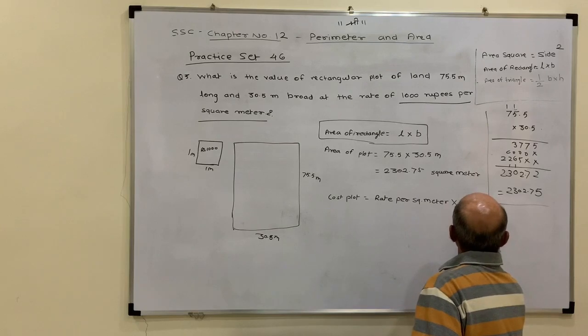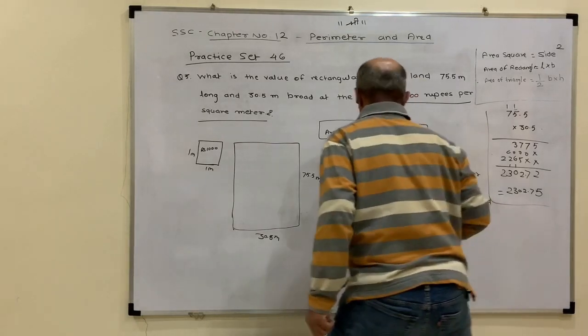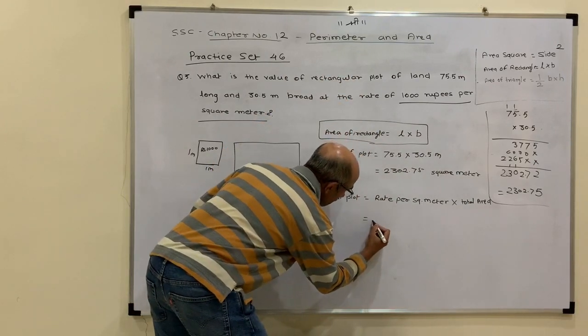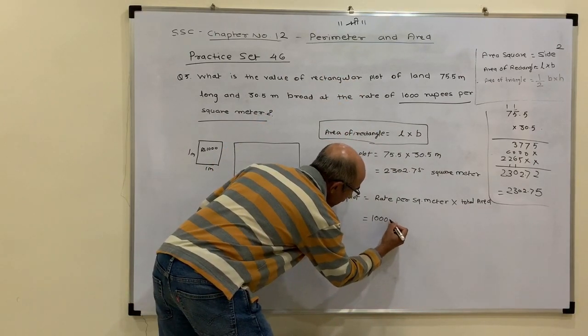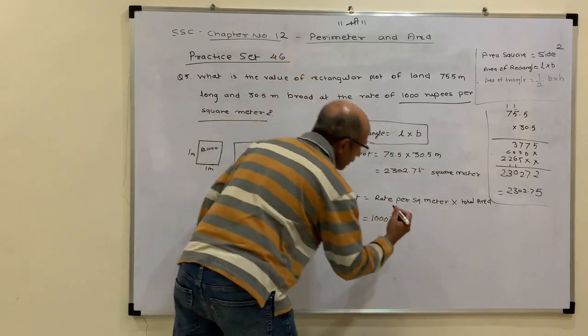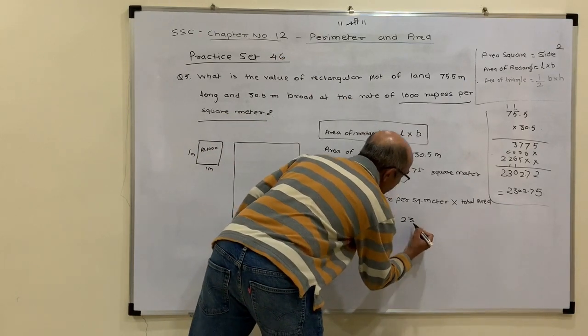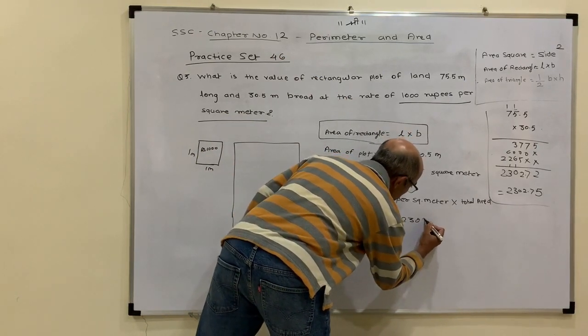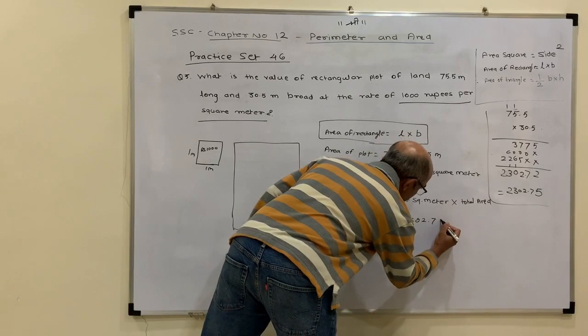Total, you can say area. So the cost is 1000 into 2302.75.